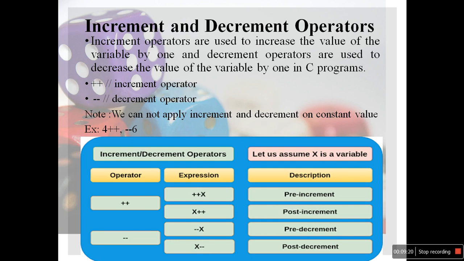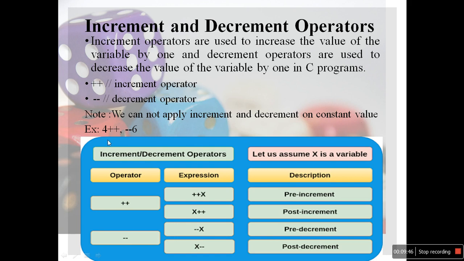Okay. The increment operator and decrement operator are used to increase and decrease the value of a variable by 1. Always by 1. We denote the increment operator by double plus and the decrement operator by double minus. The most important rule of C programming in operators is that we cannot apply increment and decrement operators on a constant.